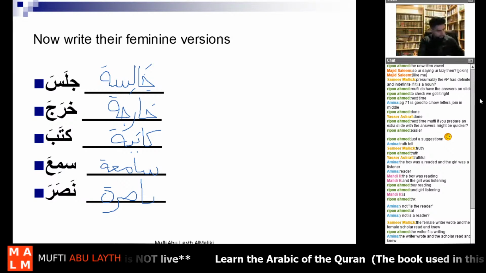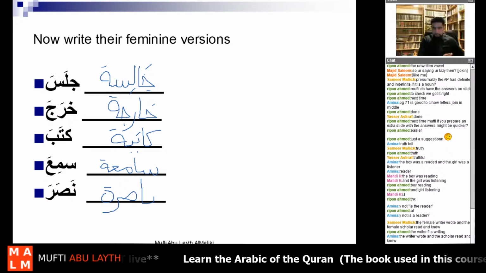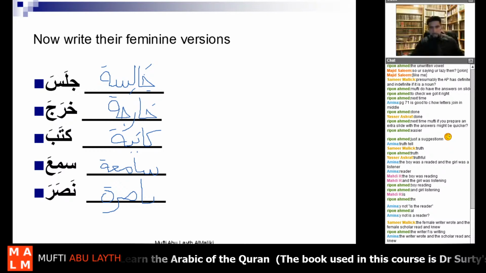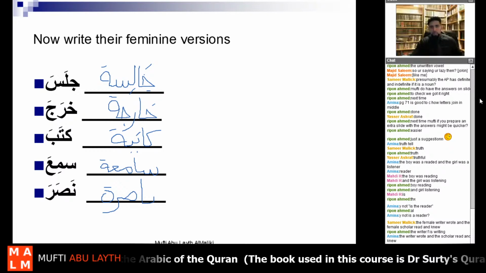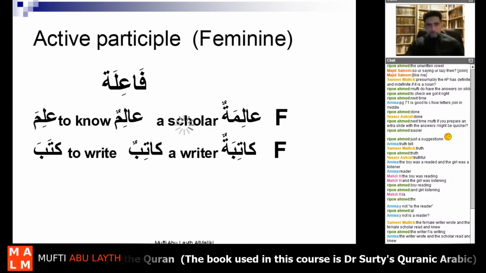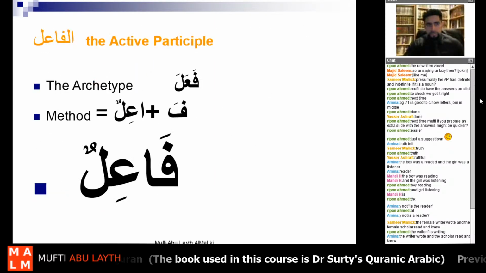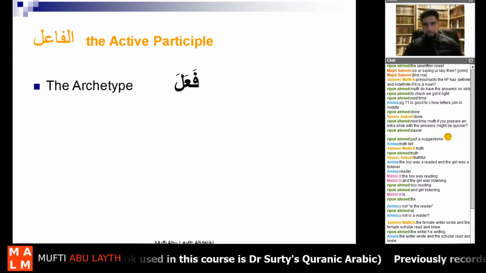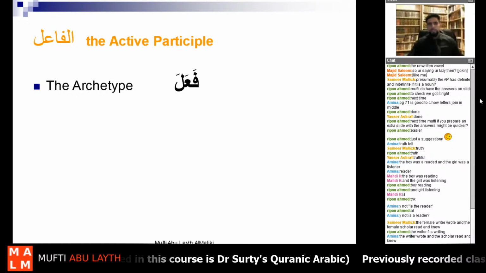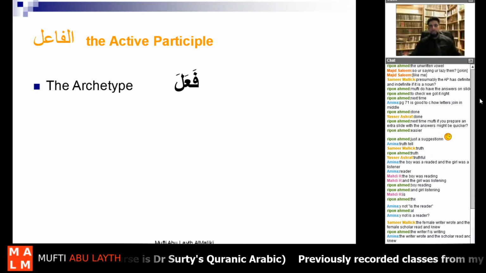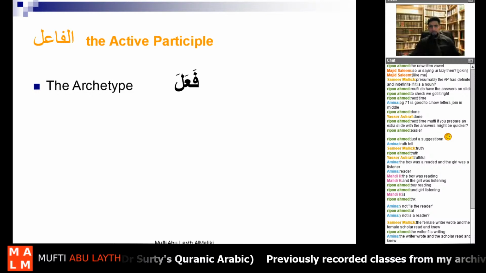Right, now, with that being said, before we move on, I'll just summarize that point. So once again, this was the active participle, and it's something which we create from the past tense verb, and we're going to create the doer.